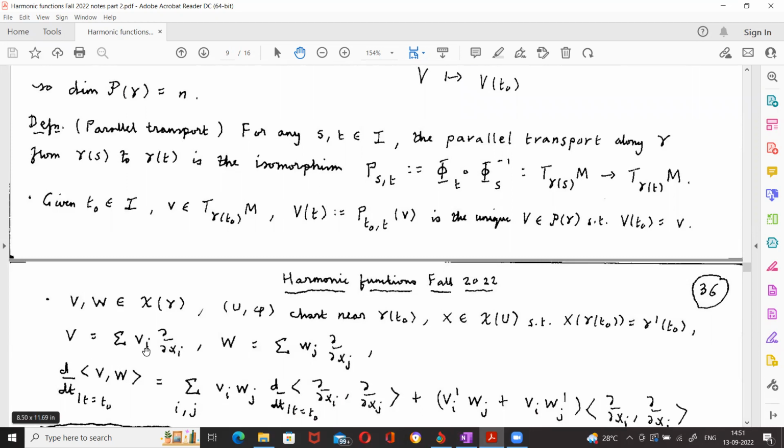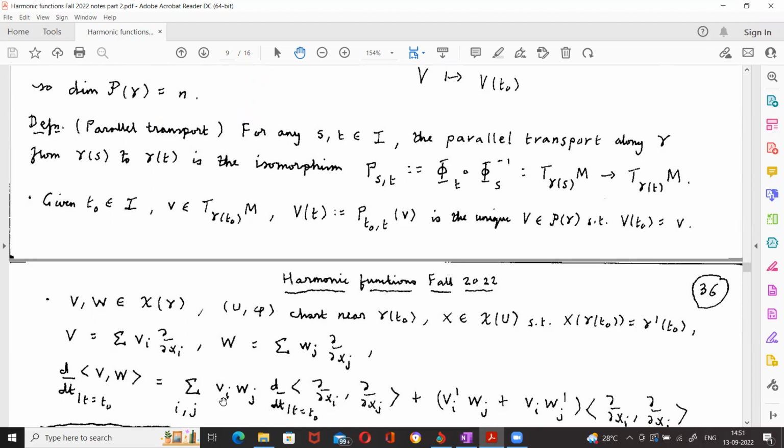So V is summation V^i ∂/∂x^i, and W is summation W^j ∂/∂x^j. So what will d/dt of <V,W> be at t equal to t naught? This is summation over i, j, V^i W^j, d/dt at t naught of <∂/∂x^i, ∂/∂x^j>.